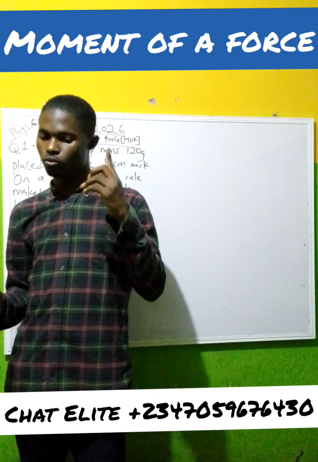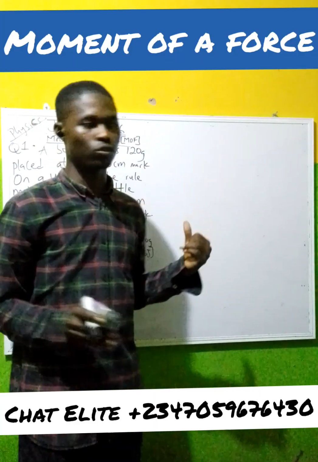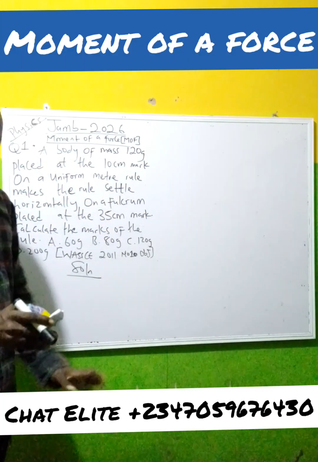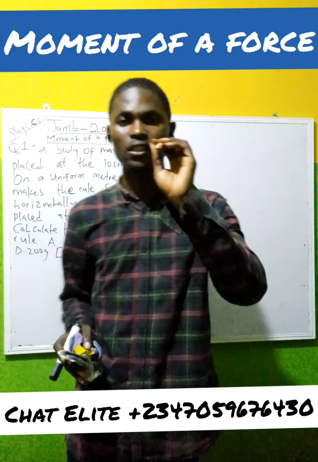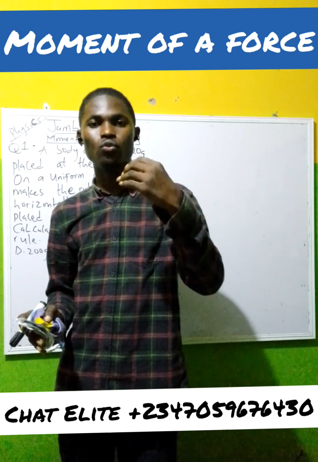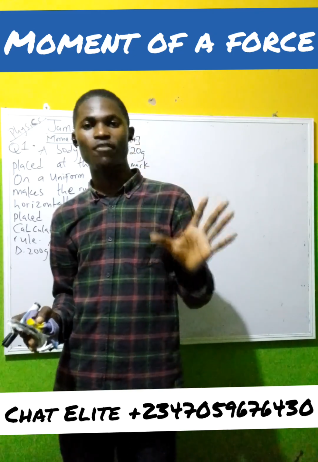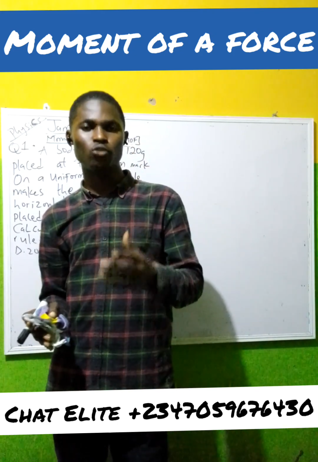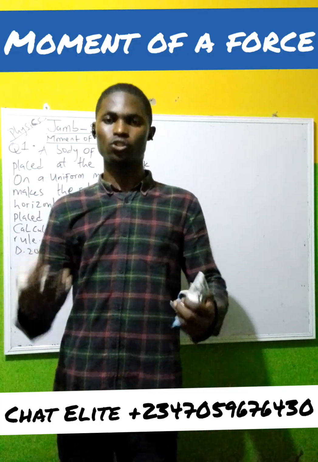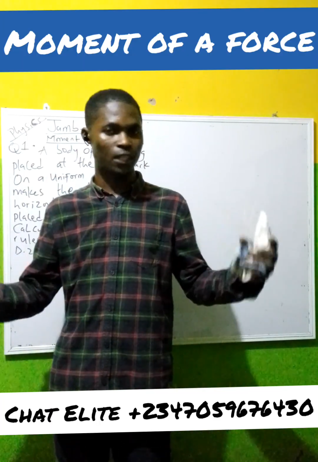So, critically looking at this question, what is the highest measurement in this question? The highest measurement there is 35 centimeters, which suffices that you are going to use the half length meter rule. But assuming you are having measurements that are above 50 centimeters, it suffices that you are going to be using a full meter rule.